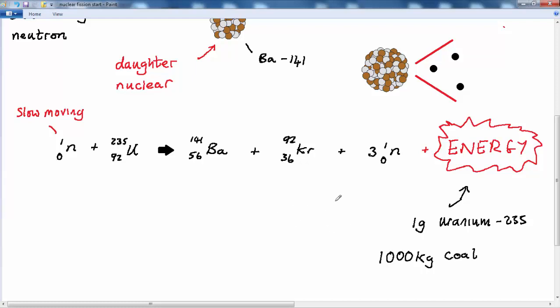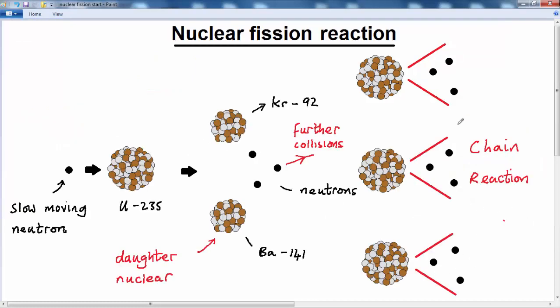So there are enormous benefits to nuclear power in that it produces a huge amount of energy, but there are problems as well in that, as we've just mentioned, this chain reaction could be potentially dangerous if it's allowed to grow out of control, and also, in terms of the radioactive waste material that's produced.